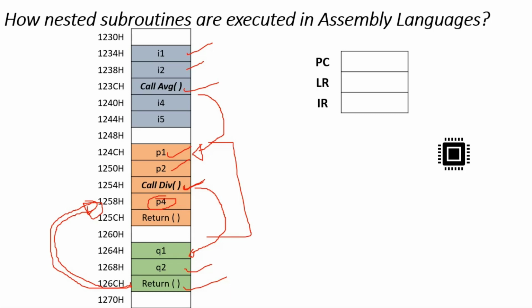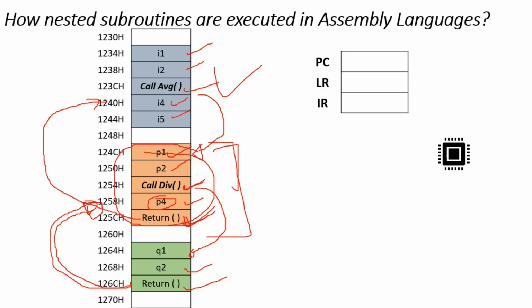Then we execute P4 and see the return statement again. For this return statement, where do we have to return? This entire subroutine is called by the main function, so we go to the I4 instruction and start executing I4 and I5.